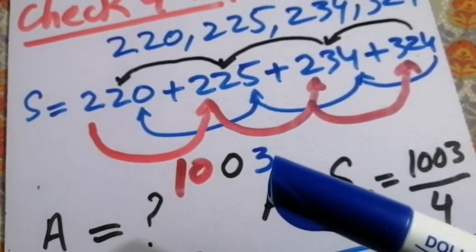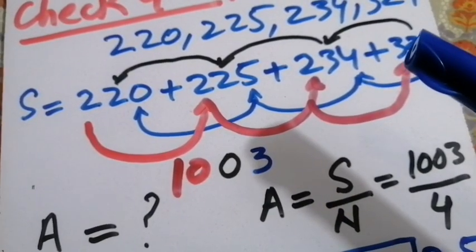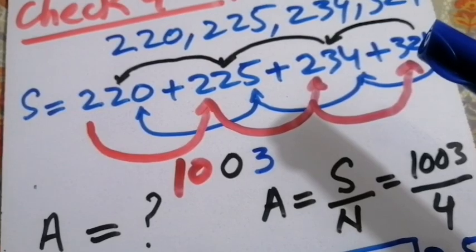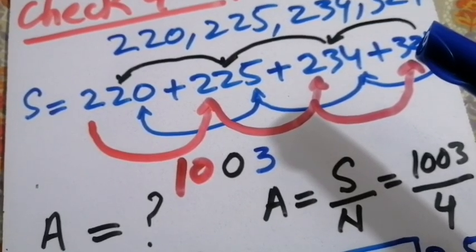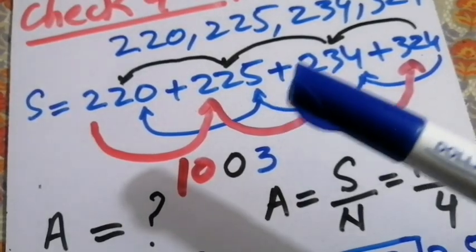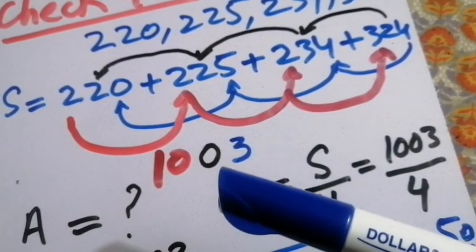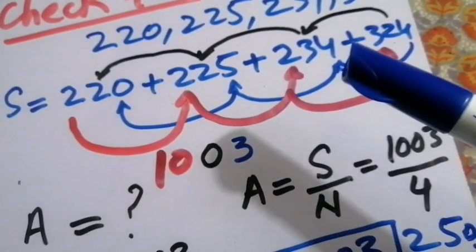We place 3 here, and 1 goes to the second column. 2 plus 1, 3, 3 plus 3, 6, 6 plus 2, 8, 8 plus 2, 10. We place 0 and 1 goes to the next.